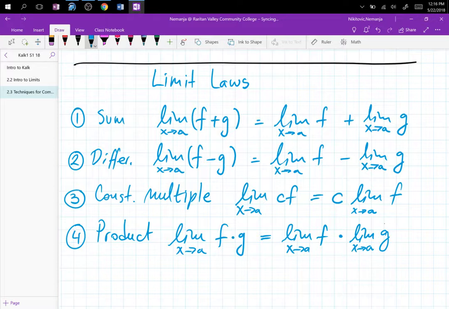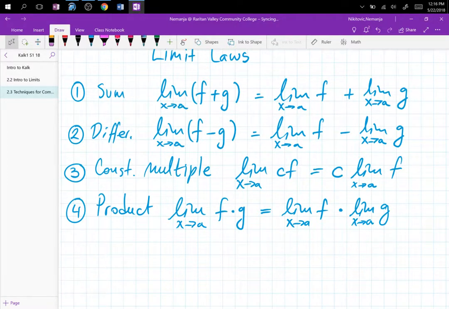This property is not going to propagate. So the first 3 properties are going to propagate to derivatives, the 4 and 5 are not. So you have to be very careful about those. Quotient, same thing.